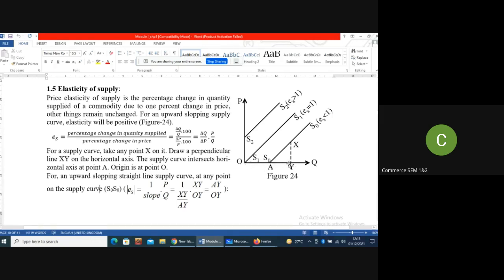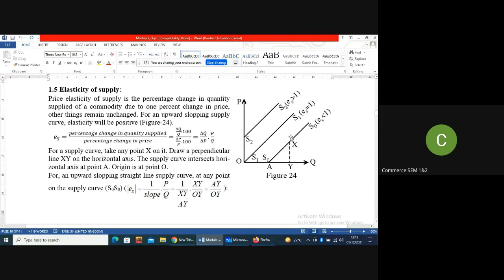So AY means, if you look at this supply curve, it is intersecting the horizontal axis at point A. In the numerator, we have AY, from where the supply curve intersects the horizontal axis to the point from which we have drawn the perpendicular from X. AY is this distance, divided by OY, the distance of point Y from the origin.